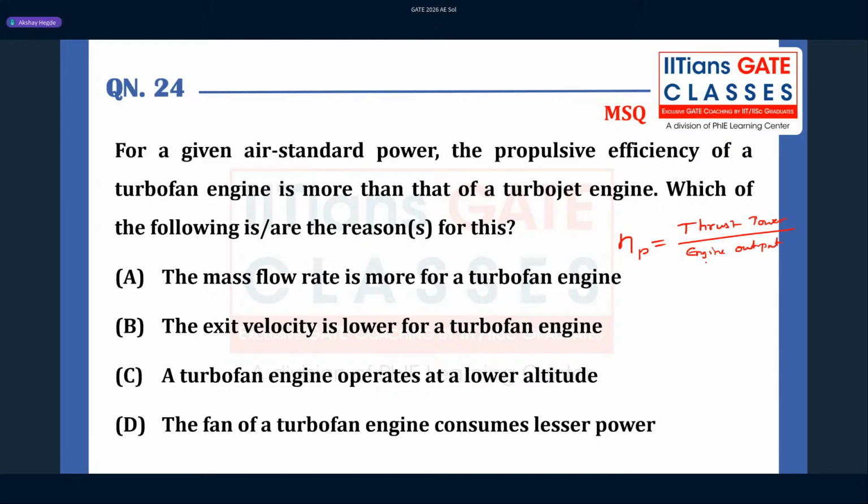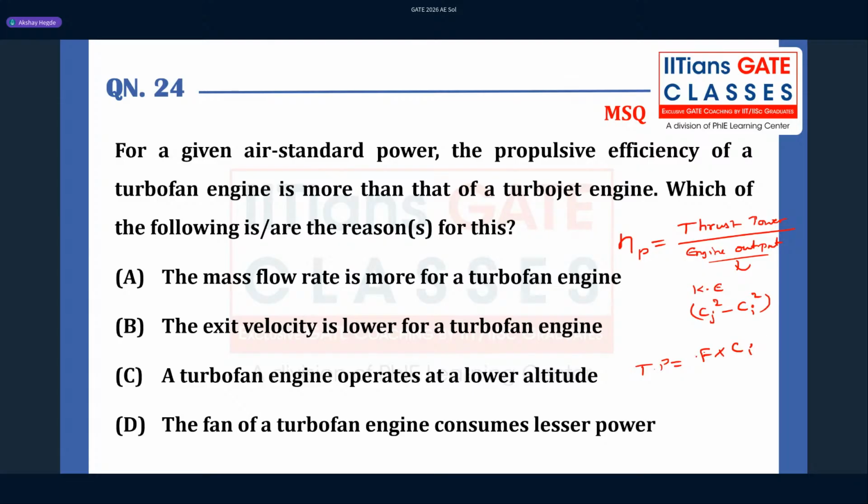So the engine output power depends on the kinetic energy of the system that we are dealing with. So that does depend on the difference in the jet exhaust speed to that of the incoming speed. So it is proportional to that. Whereas the thrust power is going to be the thrust times the forward speed.